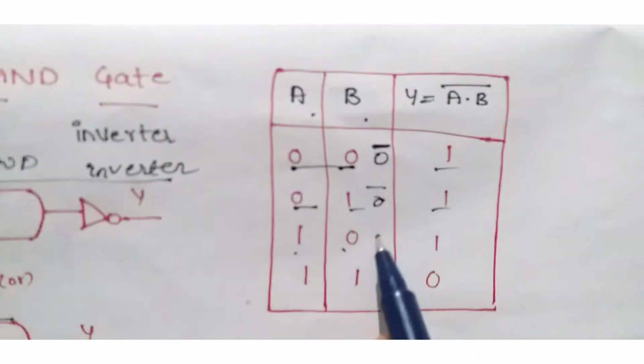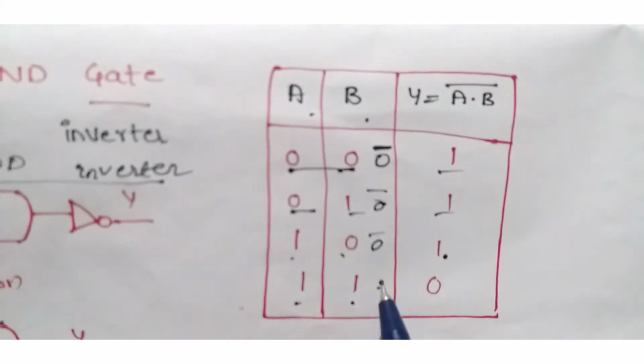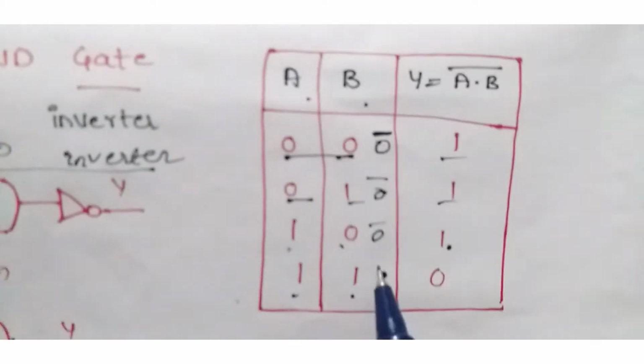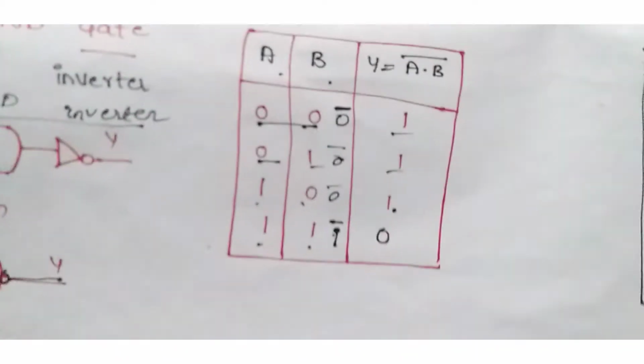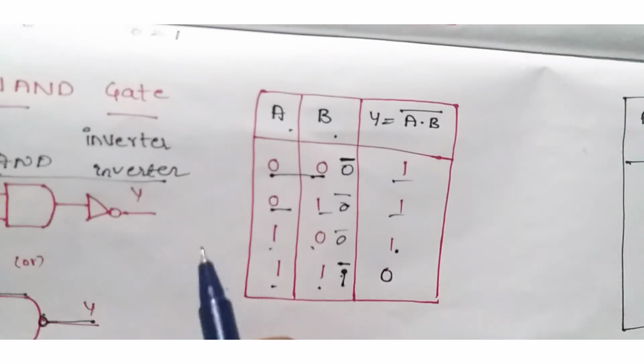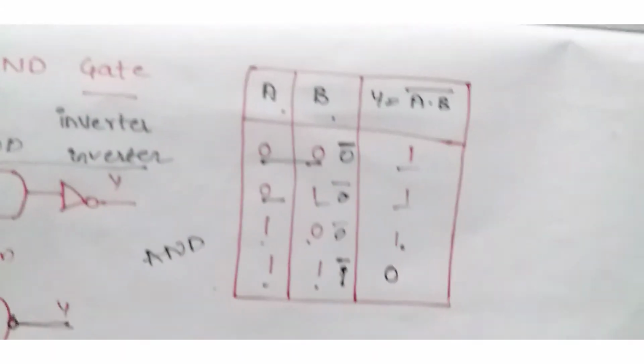For 0, 1, multiplying gives 0, and bar gives 1. For 1, 0, 0 bar gives 1. For 1, 1, we get 1, and bar gives 0. So the NAND gate is the inverter of the AND gate, the opposite of it.